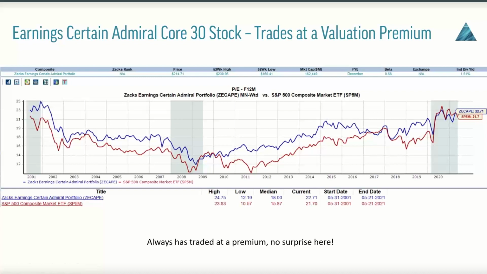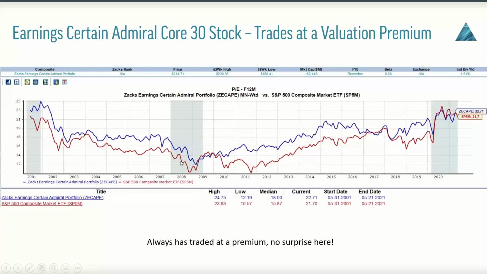Certainly, the Admiral stocks are a little bit out of style, a little bit out of favor right now, if you will, only because everyone is chasing the value rotation and the cyclical recovery, if you will. So again, Admiral stocks really never go out of style. Investors will be back. These valuations will be bid up relative to the S&P 500.